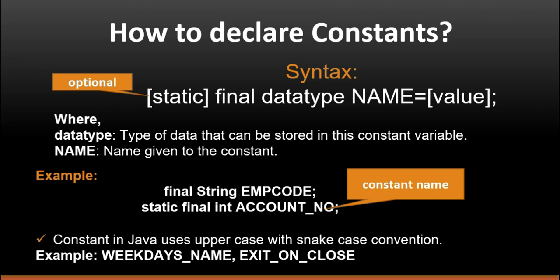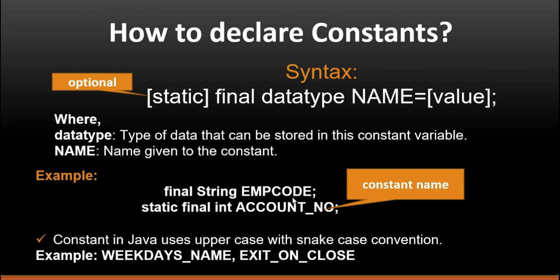Now you can see I have used uppercase while declaring constants. That is a convention given by Java. If you want to create a constant variable, you should use uppercase. That is a convention, not a compulsory part, but follow that. EMP code is my constant variable.